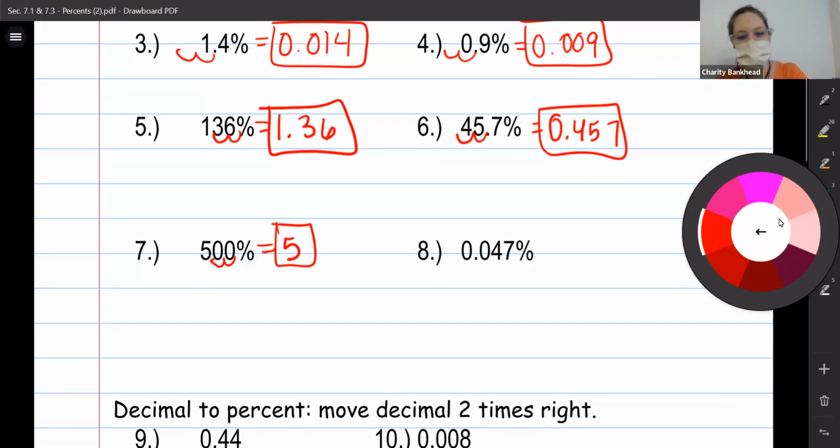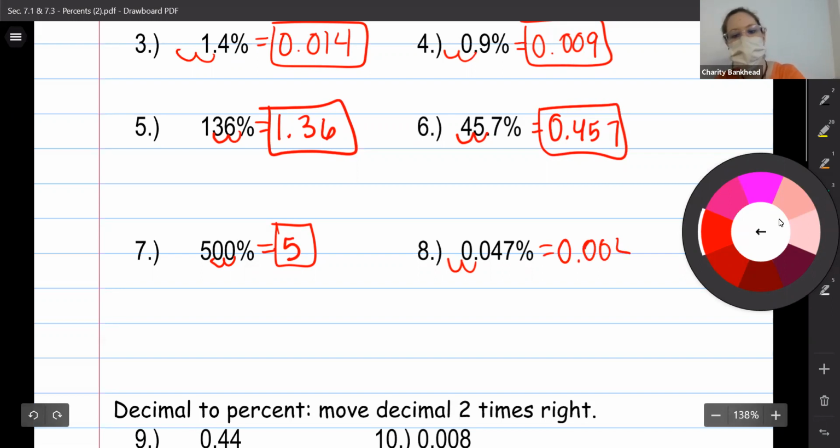And then 0.047% is going to be equal to 0.00047.